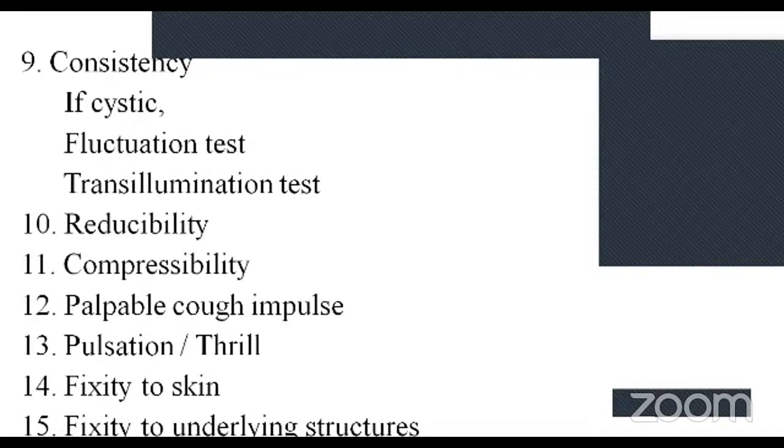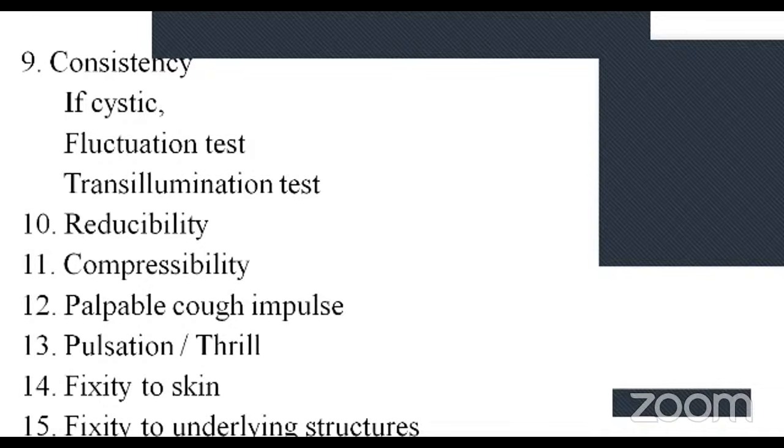When you press one swelling, the other may become bigger. Examples are maybe a plunging ranula, a compound palmar ganglion, or a psoas abscess. Psoas abscess, very good, Ajit. Psoas abscess, compound palmar ganglion and plunging ranula can all give something called cross fluctuation.